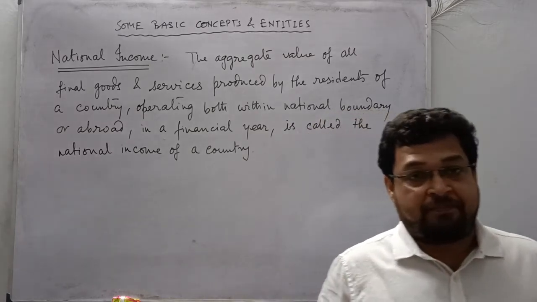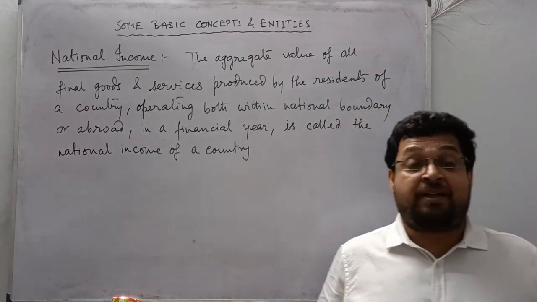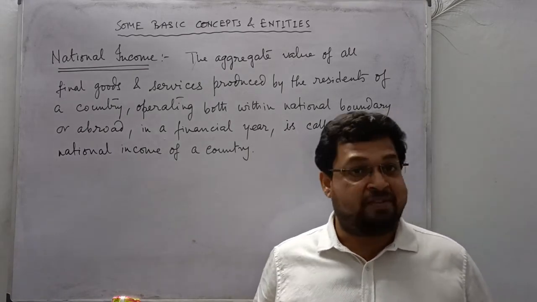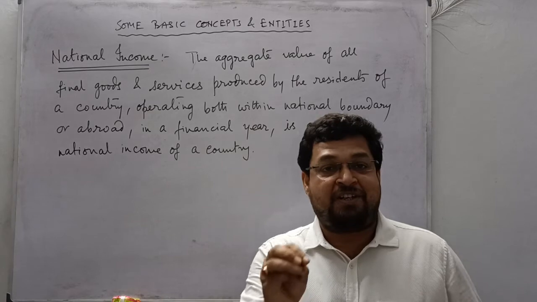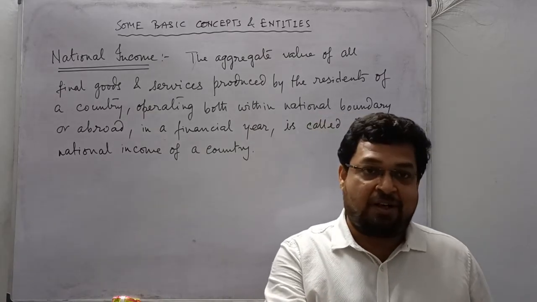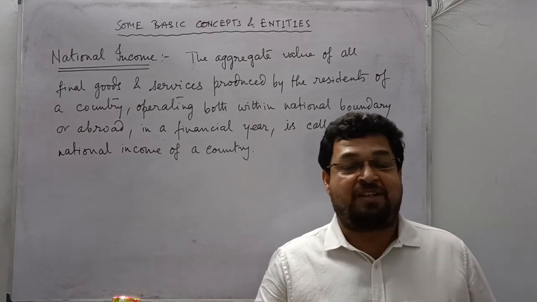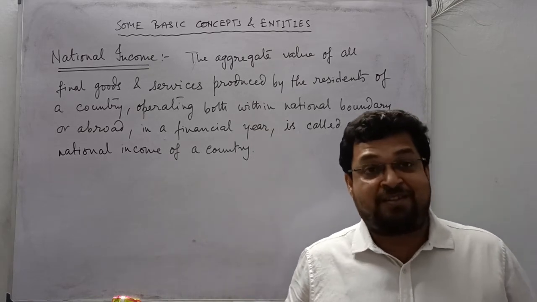The total income. Now, how is that income generated? The income is generated because of the production of goods and services. It is not like someone giving you a gift, your grandfather or grandmother or mother giving you something, and you saying, yes, this is my income today.